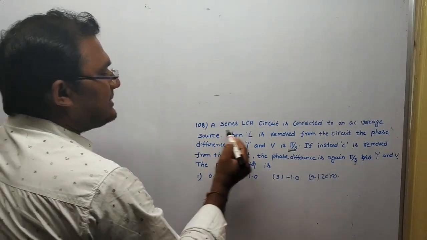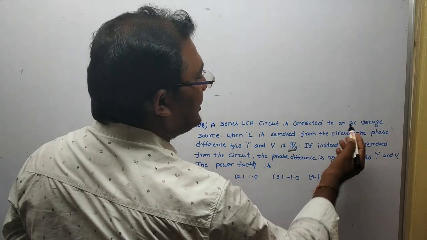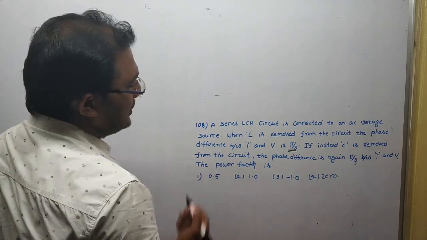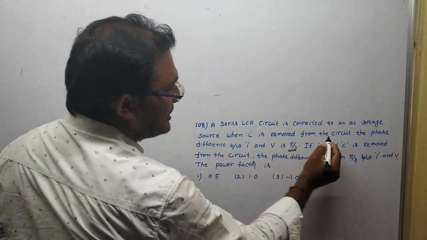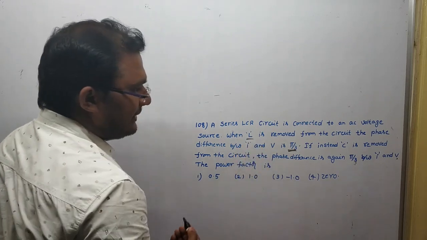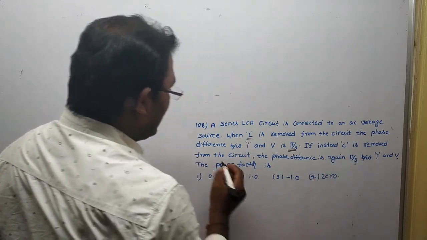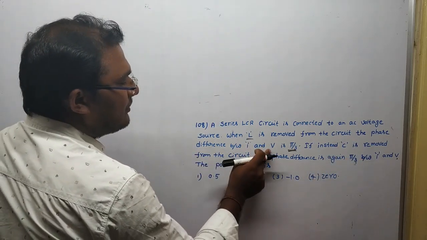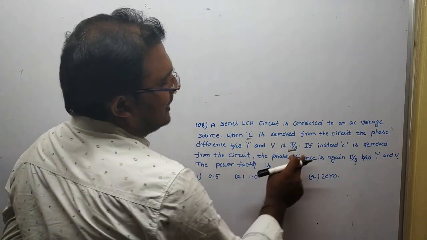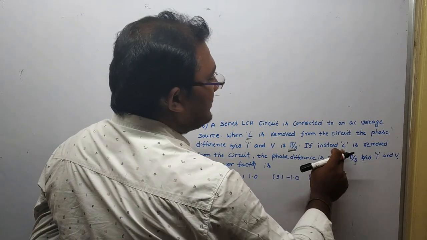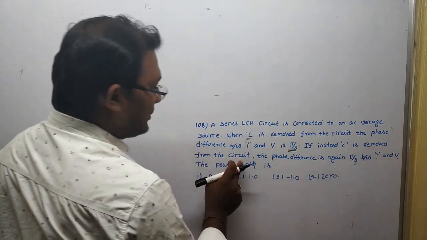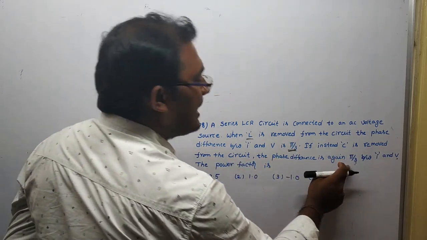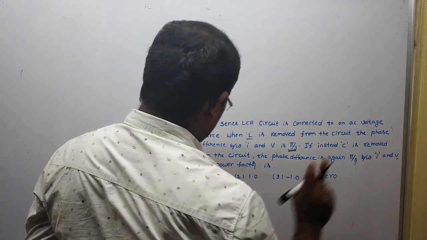Question is, a series LCR circuit is connected to an AC voltage source. When L is removed from the circuit, where L is the inductor, the phase difference between the current and voltage is pi by 3. If instead the capacitor is removed from the circuit, the phase difference is again pi by 3 between current and voltage.